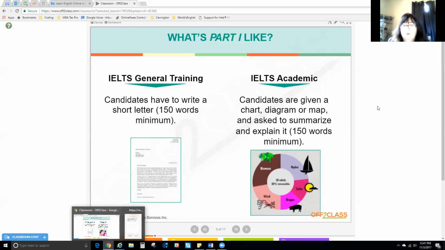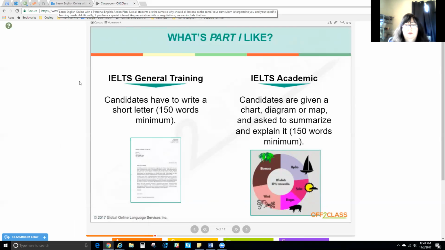So it's important that you know which exam you intend to take, because there are 2 versions of the exam. So if you are taking IELTS for the purpose of immigration or a job, most likely what you need is the general IELTS exam.